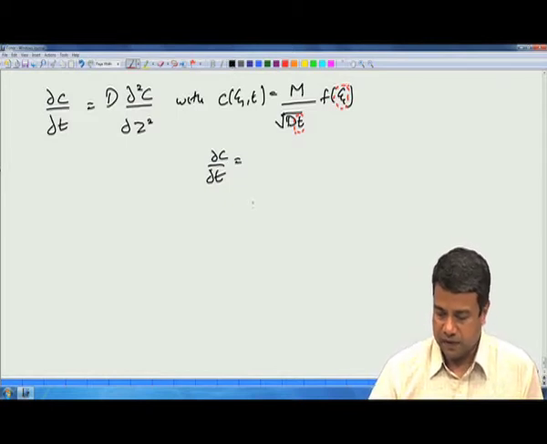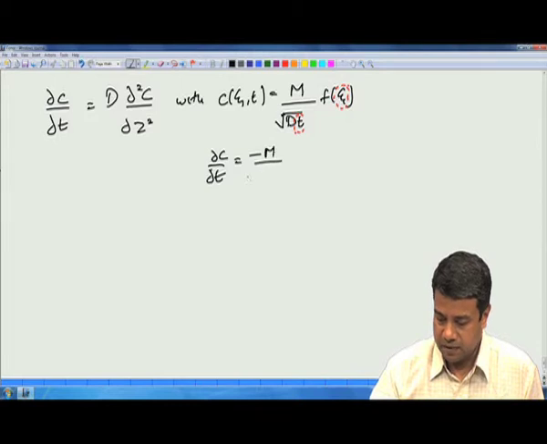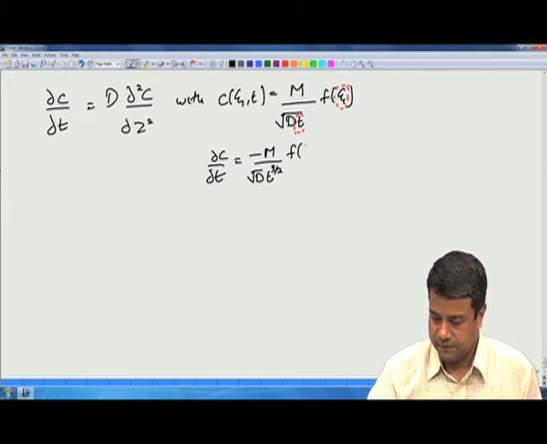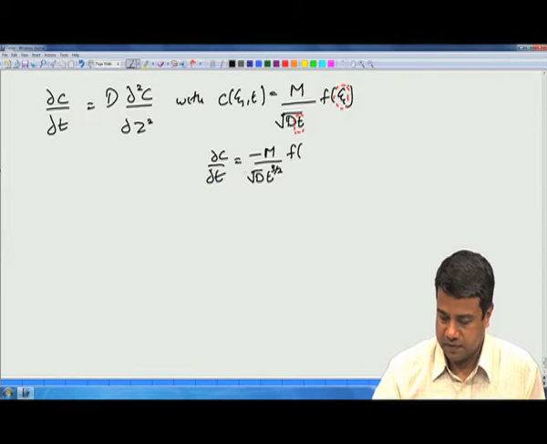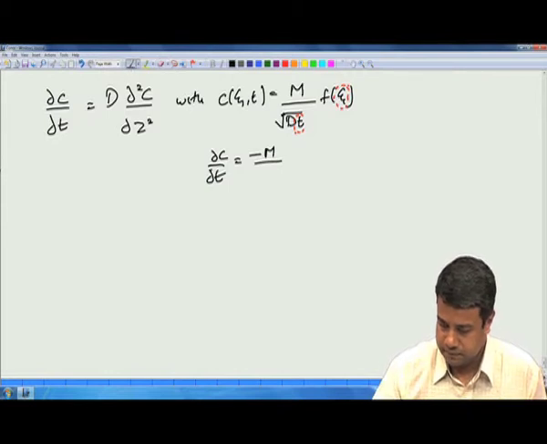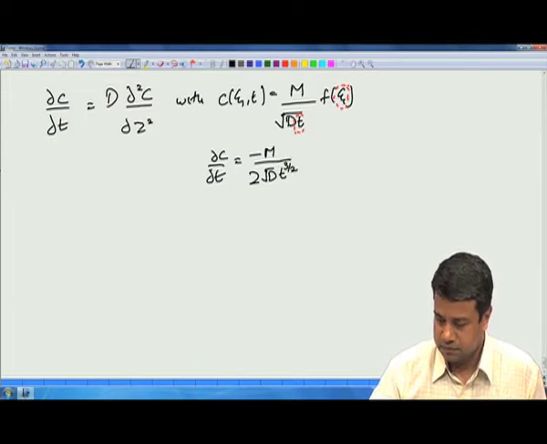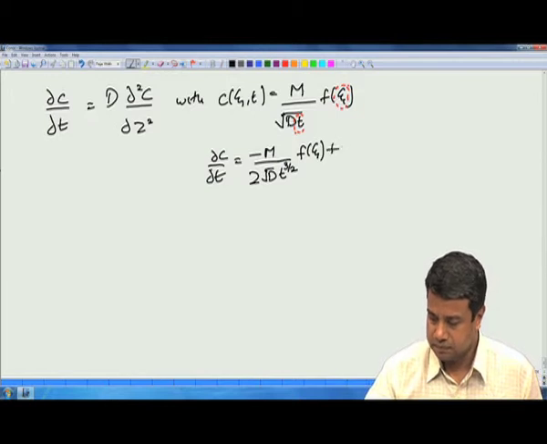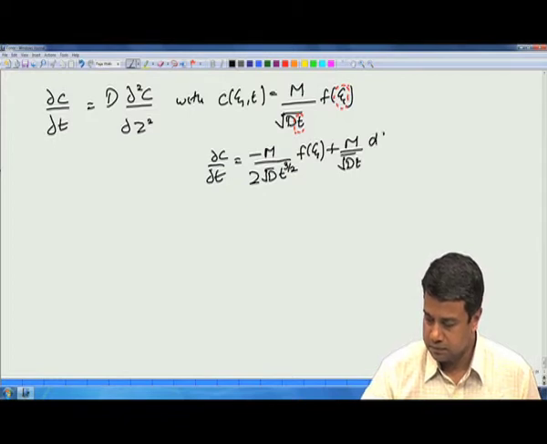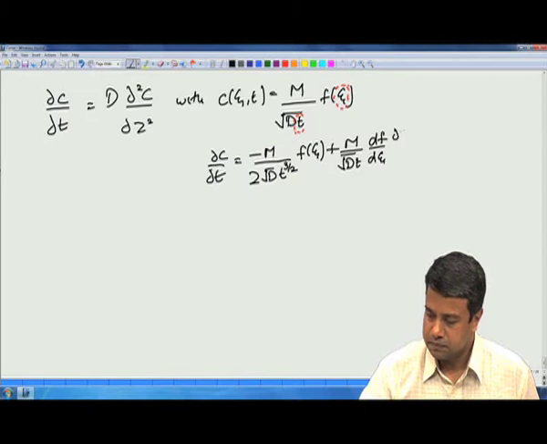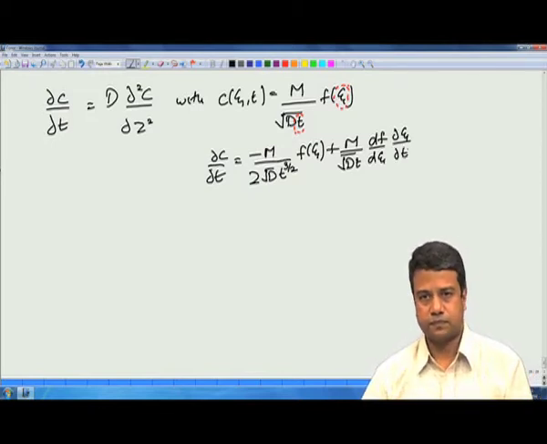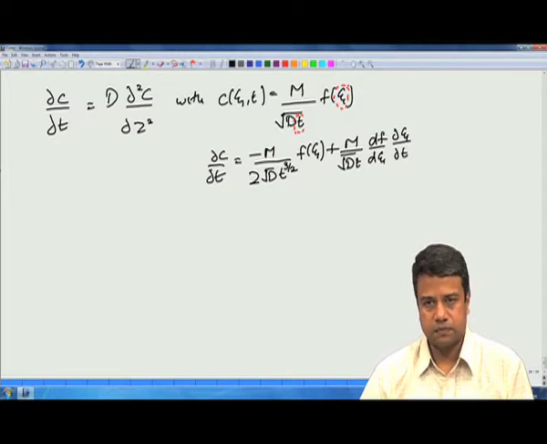So, the prefactor will give me minus m by root D t to the power 3 halves f of psi, with a factor of 2 there, since t to the power minus half gives a factor of half. Differentiation using chain rule.